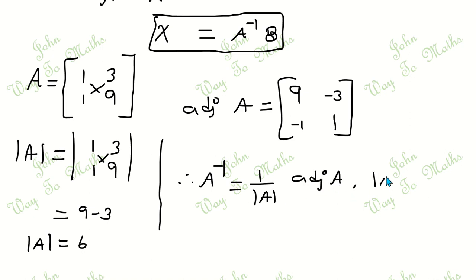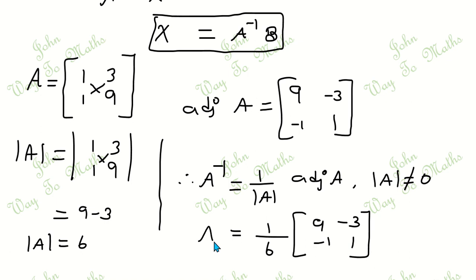Here the determinant of A does not equal 0. So 1 by determinant of A becomes 1 by 6. Then the adjoint of A matrix becomes 9 minus 3 minus 1 1, is the A inverse matrix.